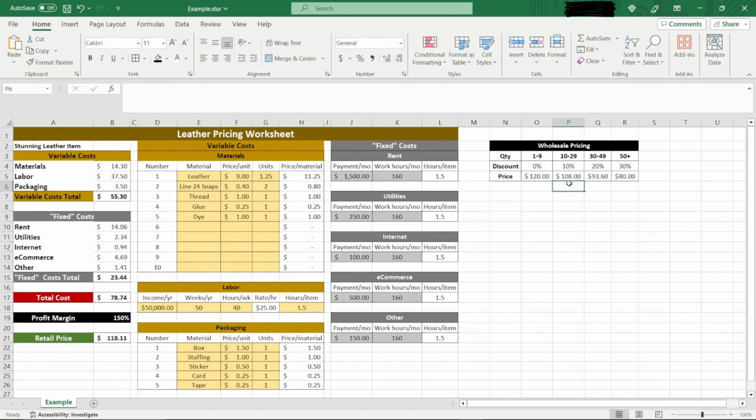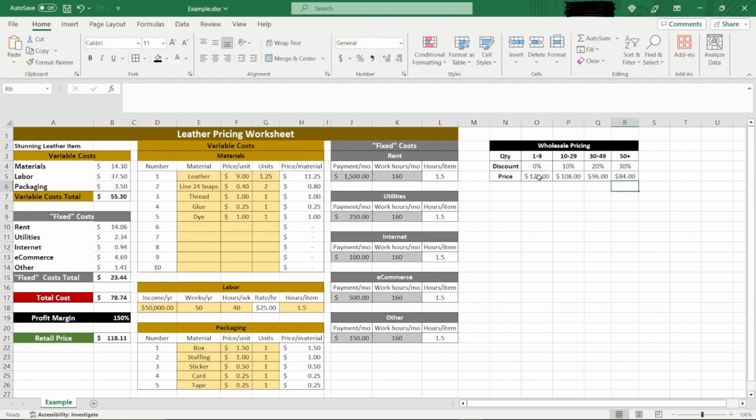So that gets us to 108. For this one here, this is now 0.8 instead of 0.78. And then for this, instead of 80, we're going to go equals full price, shift 8 times 0.7.